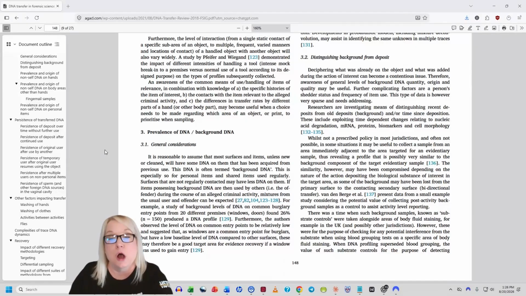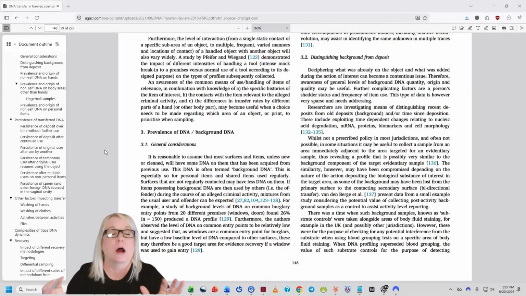Whilst not a prescribed policy in most jurisdictions, and often not possible, in some situations it may be useful to collect a sample from an area immediately adjacent to the area targeted for an evidentiary sample, thus revealing a profile that is possibly very similar to the background component of the target evidentiary sample.